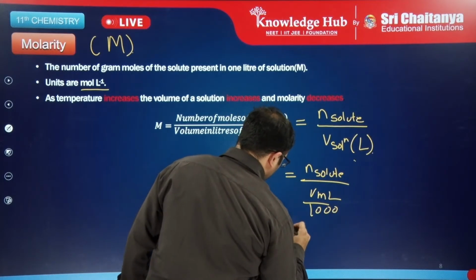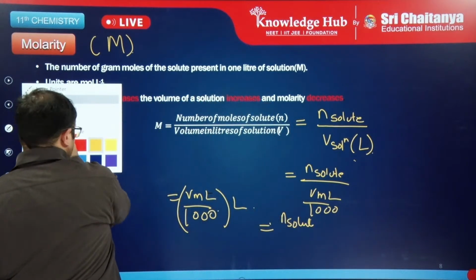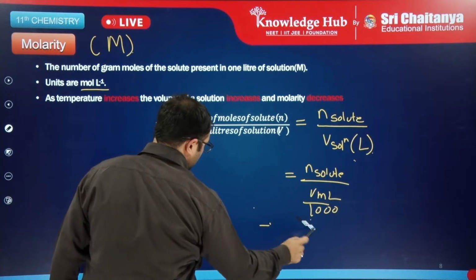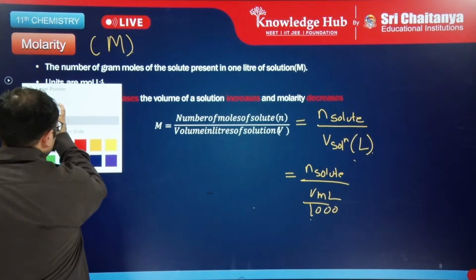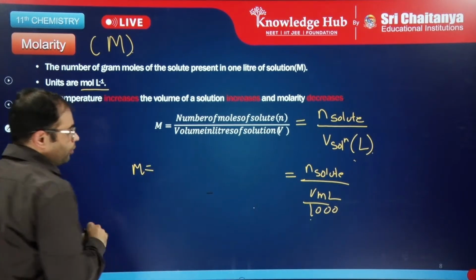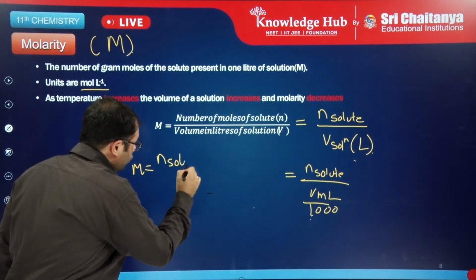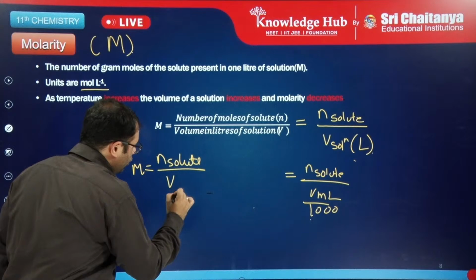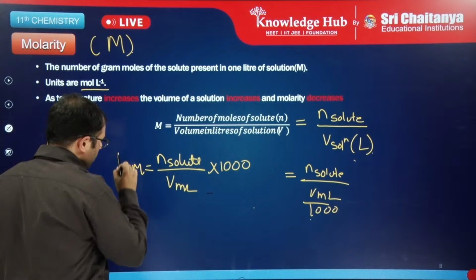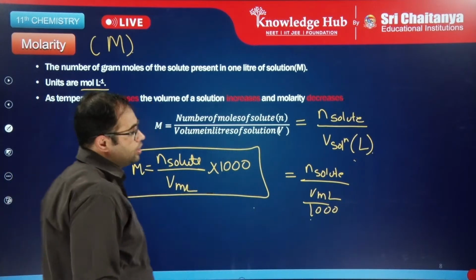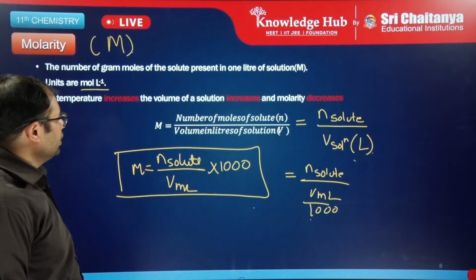Or I can say n solute. So I can write another formula for molarity: n solute divided by volume in ml multiplied by 1000. This is the second formula for molarity.